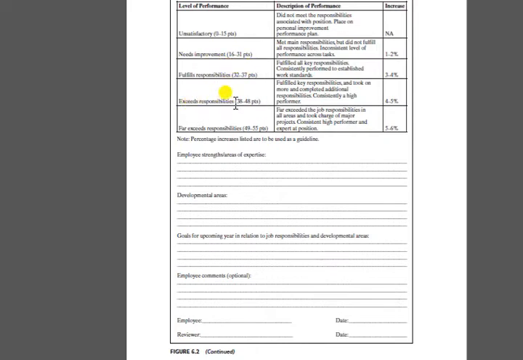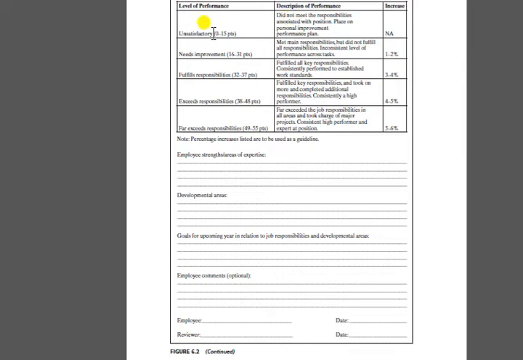It exceeds responsibilities, the points are 38 to 48, and far exceeds responsibilities, then the points are 49 to 55 points. Also, in the next column, they have described the level of performance.